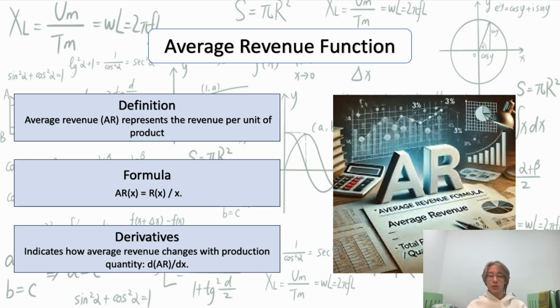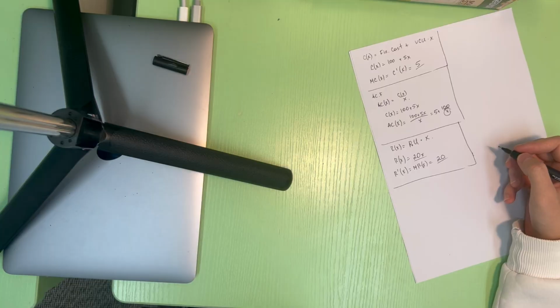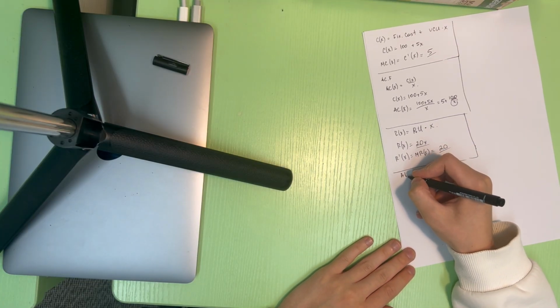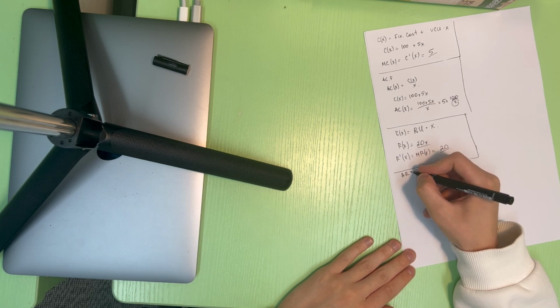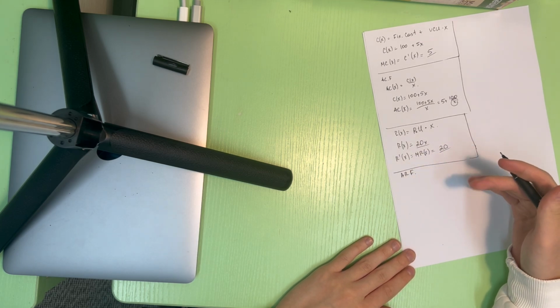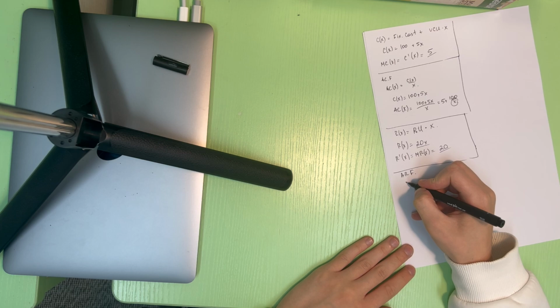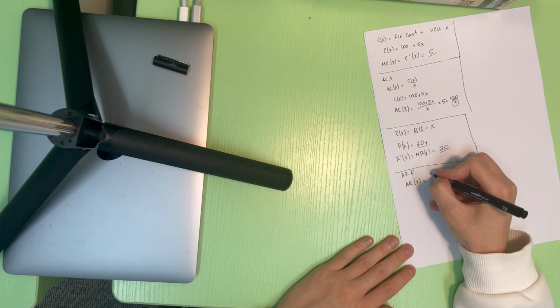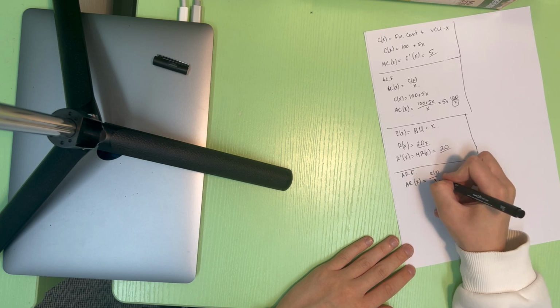It indicates how average revenue changes with the production quantity, dAR divided by dx. So the average revenue function formula is AR(x) equals R(x) divided by x.